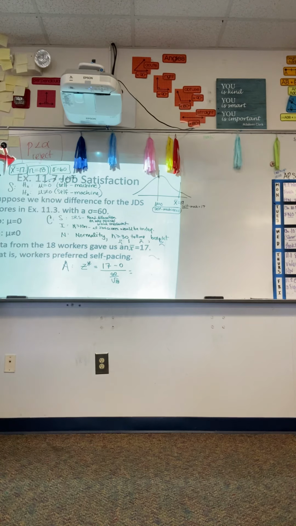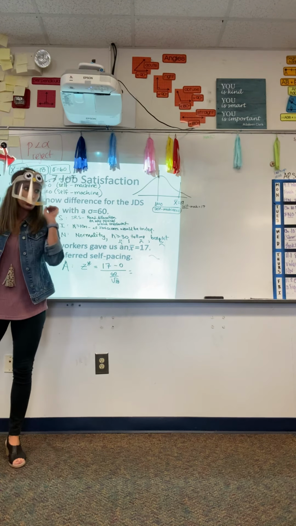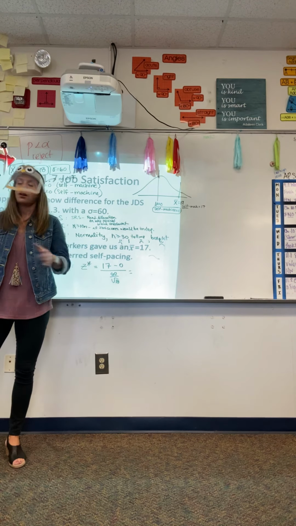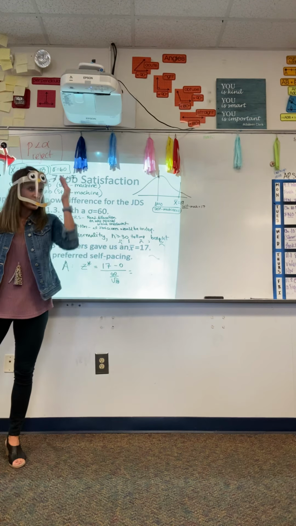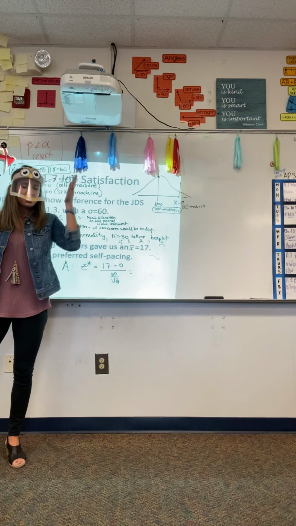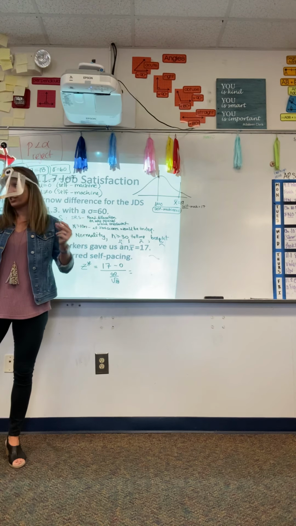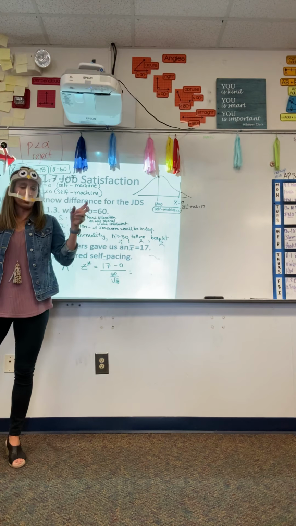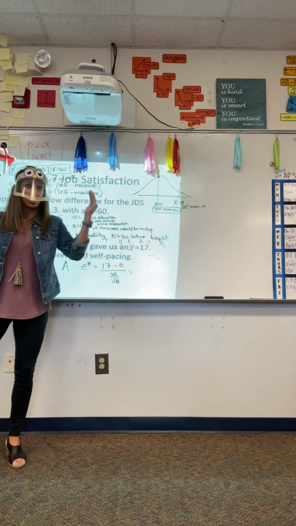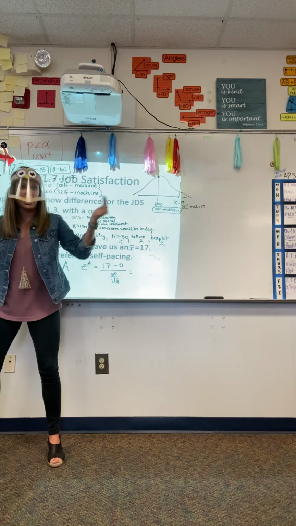Yes, ma'am? Why is it Z star? If you're just finding the Z, why would you use Z star? When you're doing inference, which means you're drawing a conclusion, then it's called a critical value. It's kind of like that cutoff value. Same thing with confidence intervals. They changed it to something called the critical value. On a confidence interval, it was that end point, right?